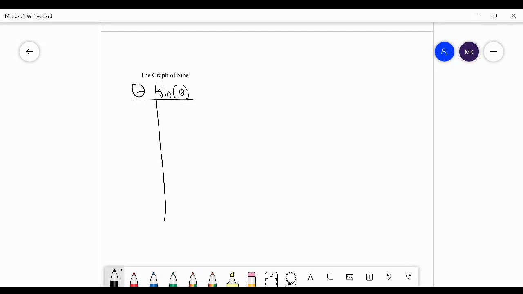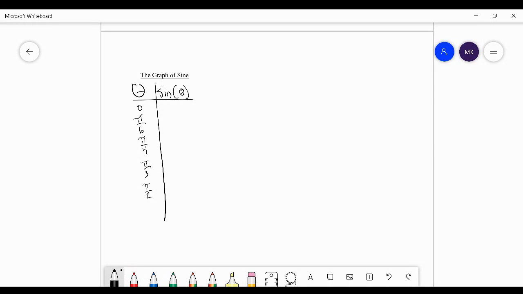Let's have our angle go from 0, pi over 6, pi over 4, pi over 3, pi over 2. Let's just start there and make our way around.